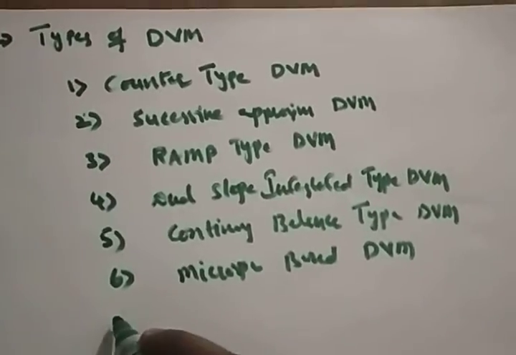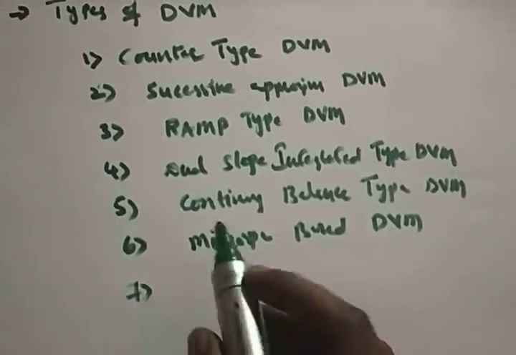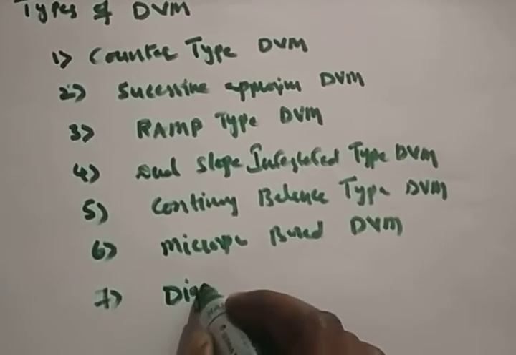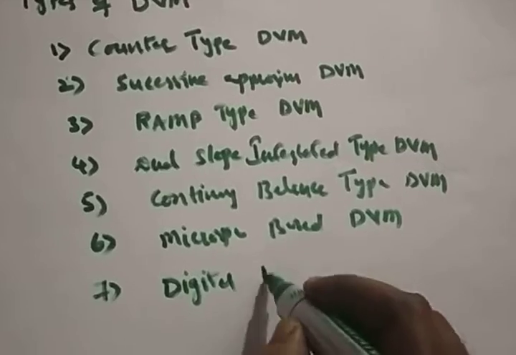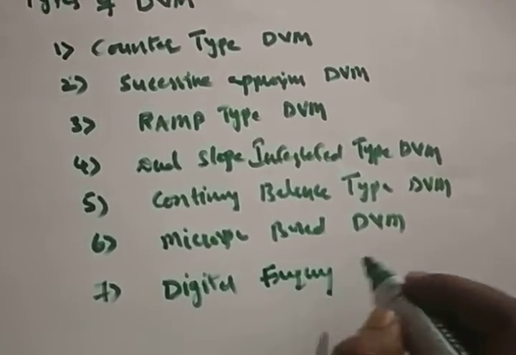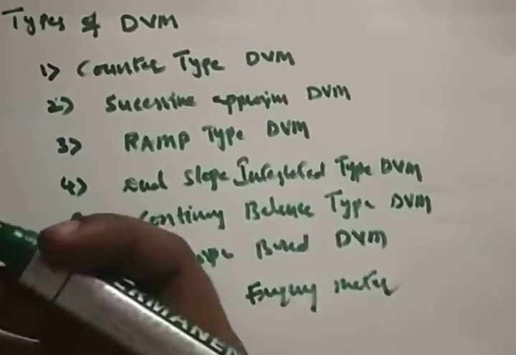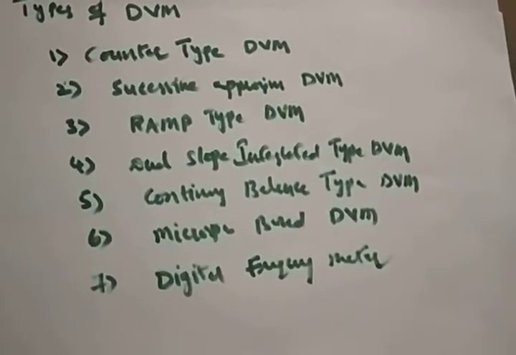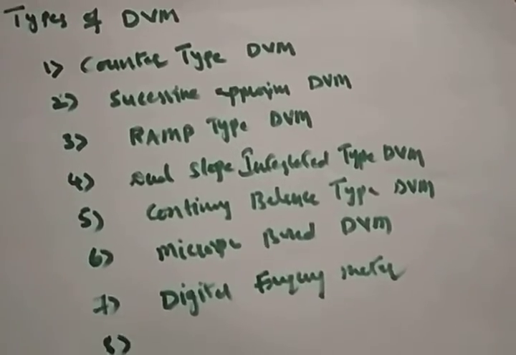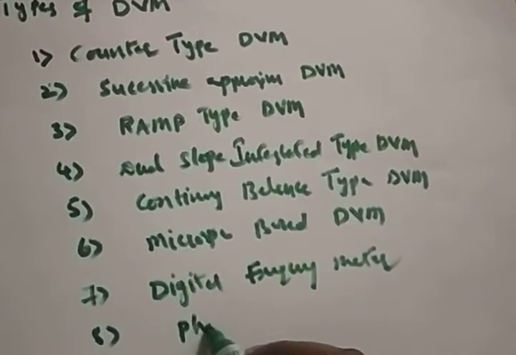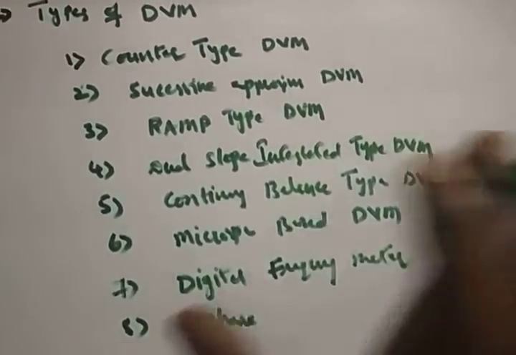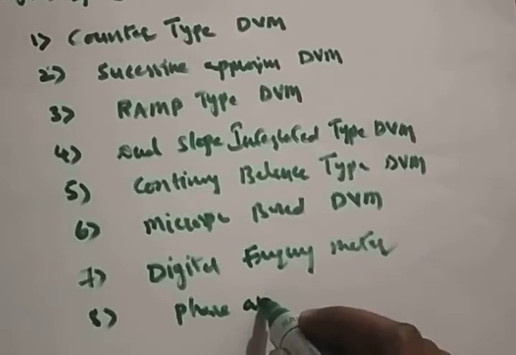And the seventh one is a digital frequency meter. How can we find out the frequency in digital form? And the eighth one is phase angle meter. Phase angle also we can display in digital form.